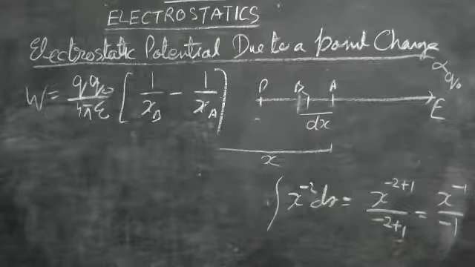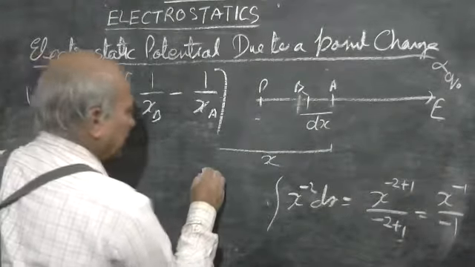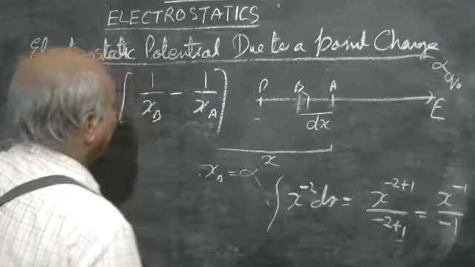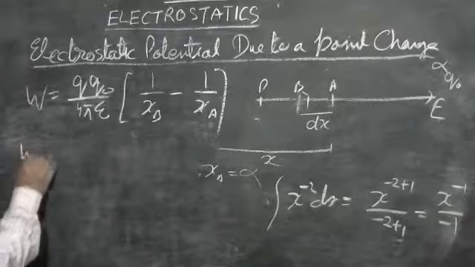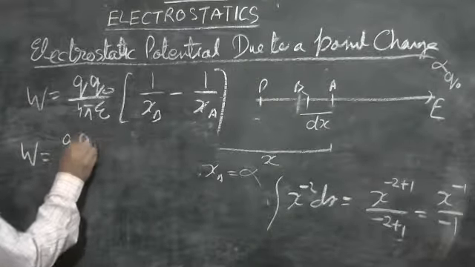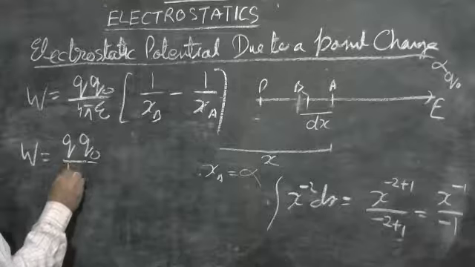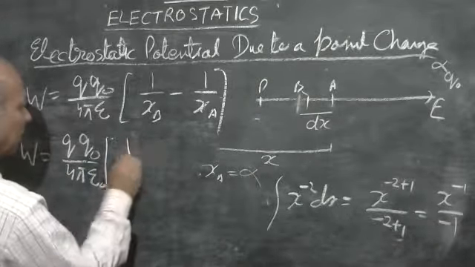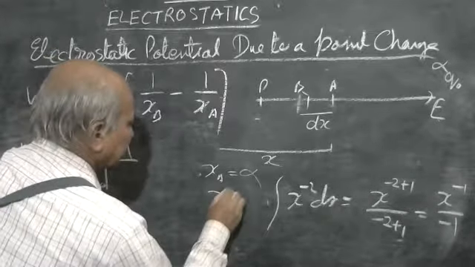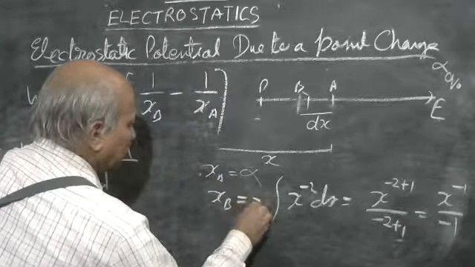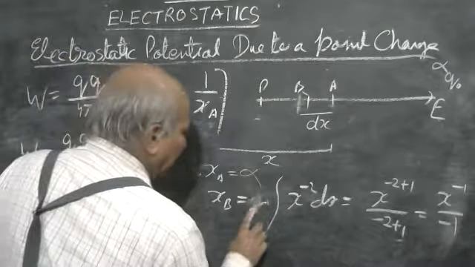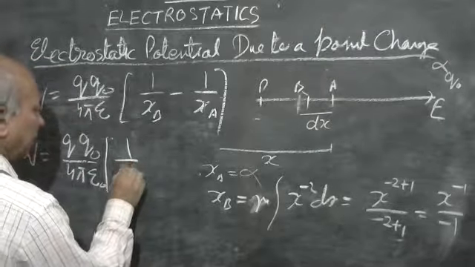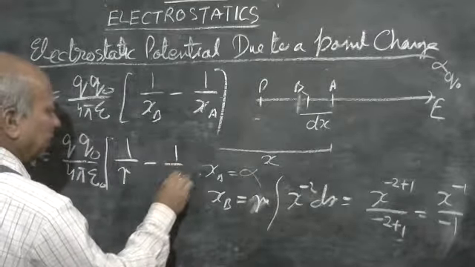Suppose this x a is at infinity, then work is equal to q into q naught upon 4 pi epsilon naught, 1 upon, and this x b is equal to x, or we can better write r. Hence 1 upon r minus 1 upon infinity.